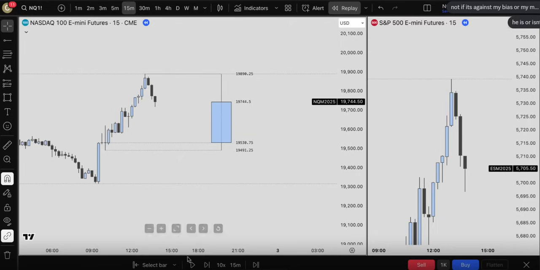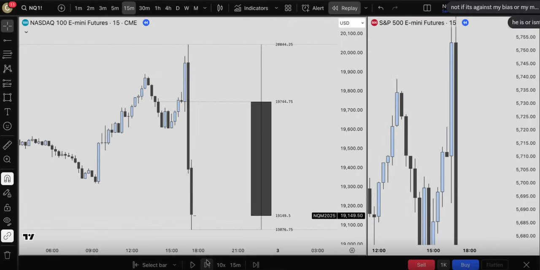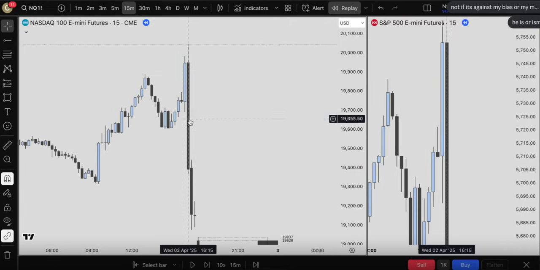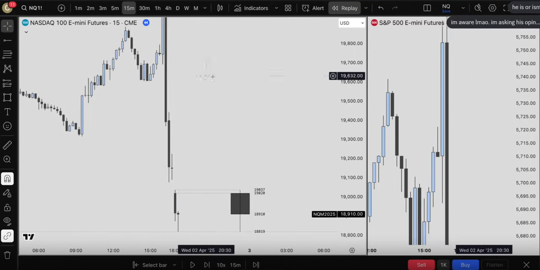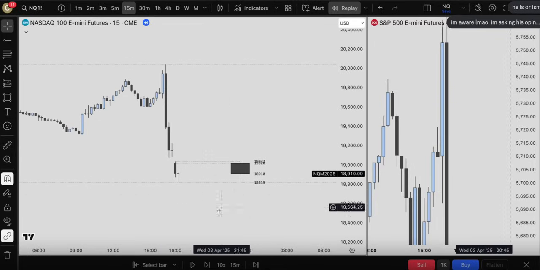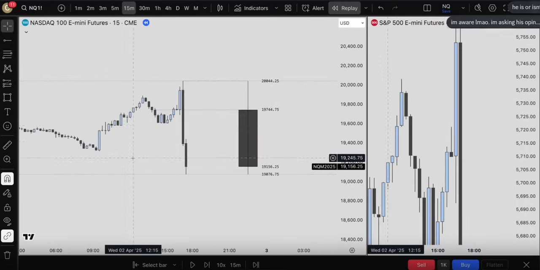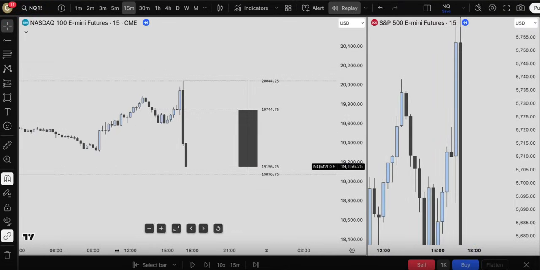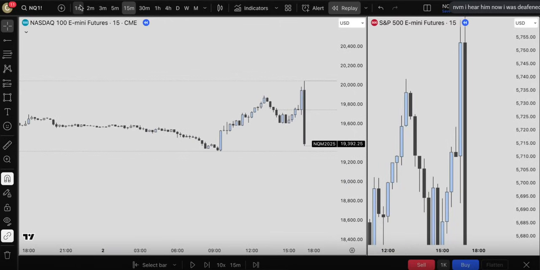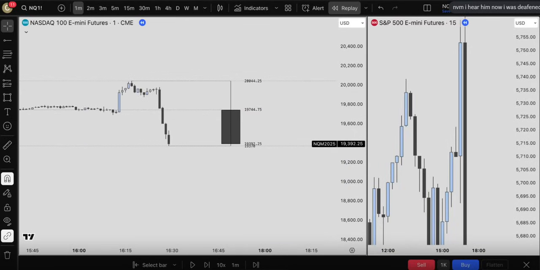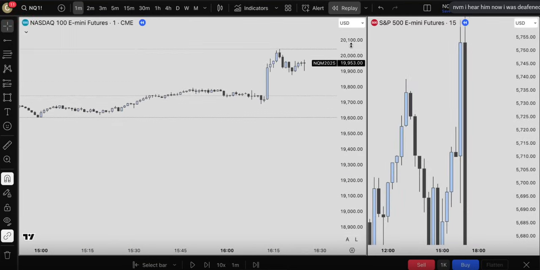Whatever trades I take, like right here, my whole thesis is, if I take this trade up here, yeah, I'm going to tell you when I take more than 2R. That's why I'm doing this. So let's say I go short here.